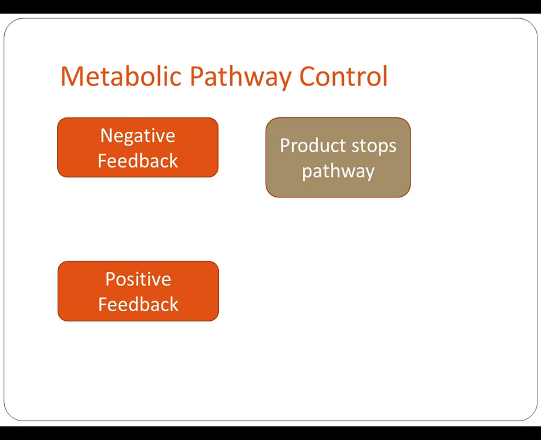I want you to clarify here. The product stops the pathway. I said it, but I want to make sure you write it down. The product stops the pathway so the product is in set point, normal ranges, or homeostatic ranges. Yes, the product stops the pathway, not to be bad, but to keep that product in homeostasis, in balance, in normal range.